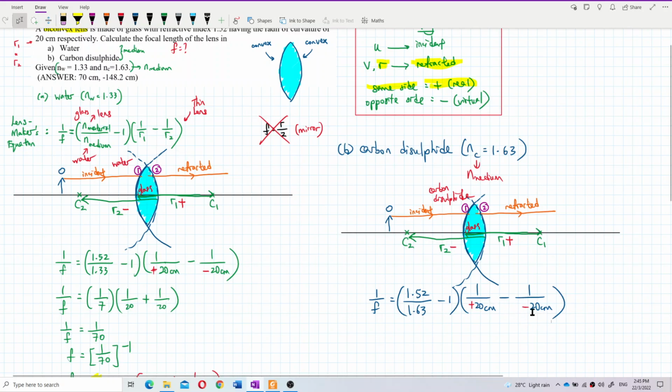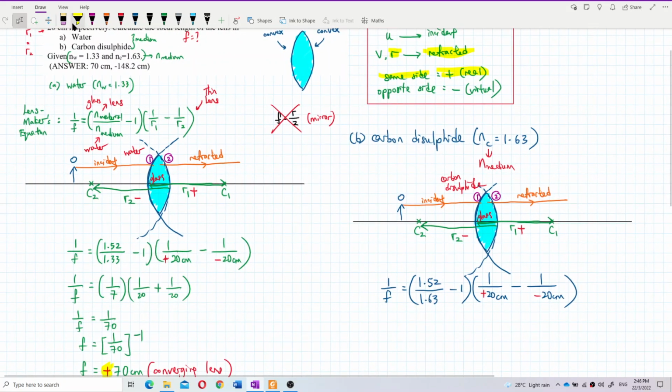There will be two negatives. Don't suddenly think that since the formula has a negative, you don't put a negative here, because then it's wrong. Okay, so you see when you put it into carbon disulfide, last time you put it in the water.